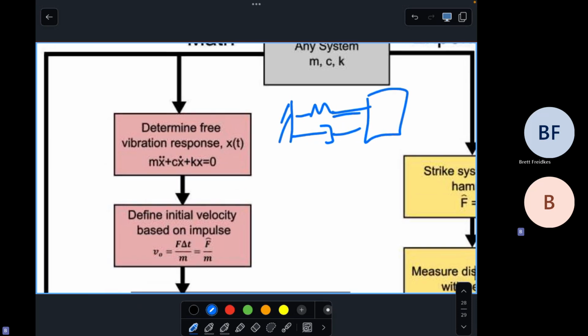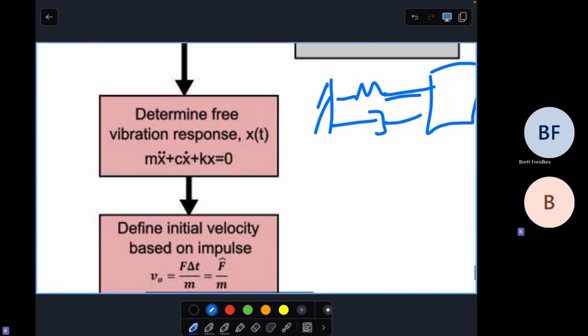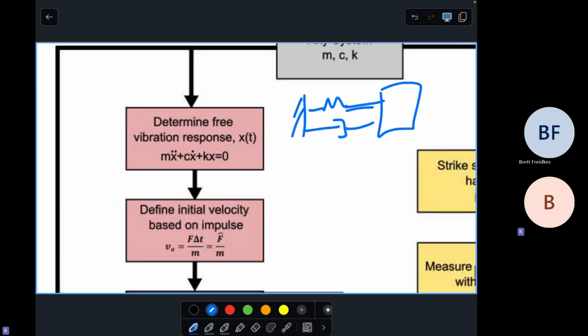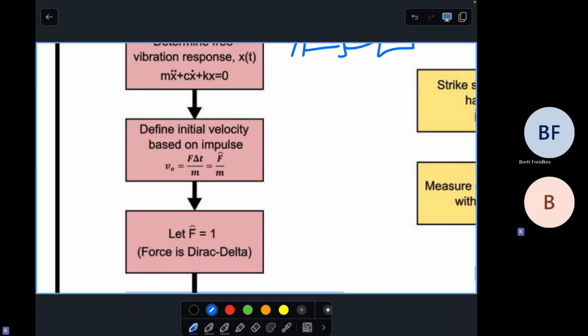From a math perspective, what you'll do is write the free vibration response. You take your forced vibration with delta t on the right, make it free vibration, except you use an initial velocity based on the impulse, f hat over m. If it's Dirac-Delta, f hat ends up being equal to m, or equal to 1.